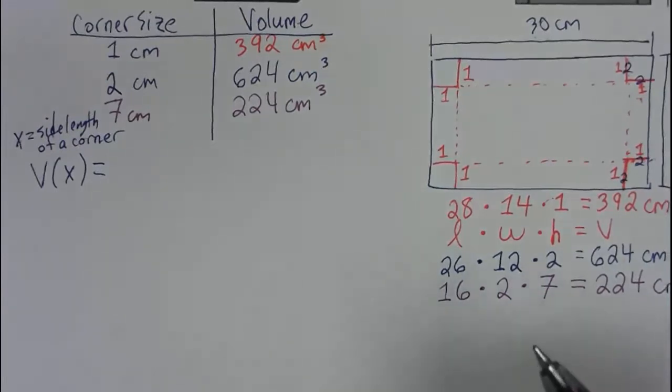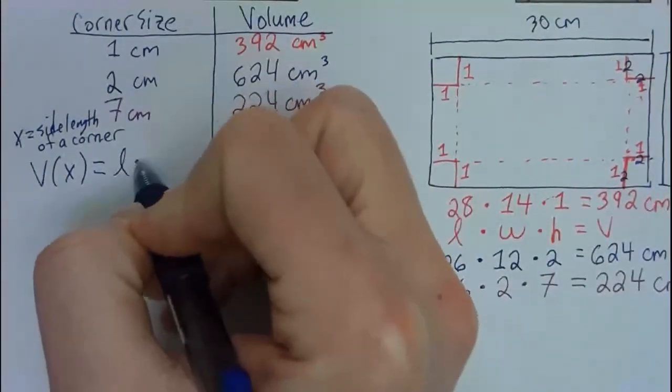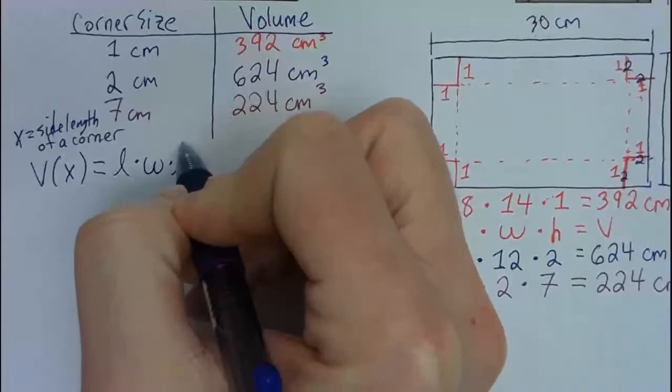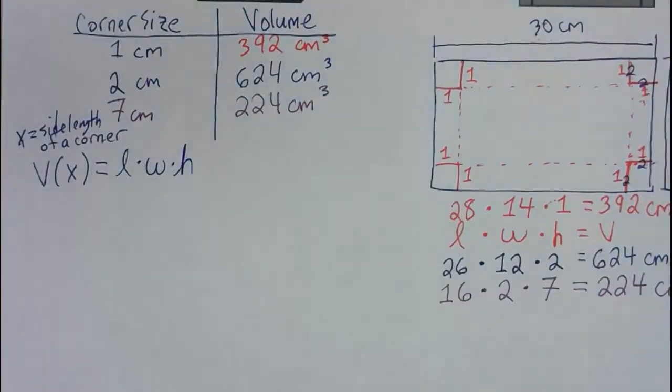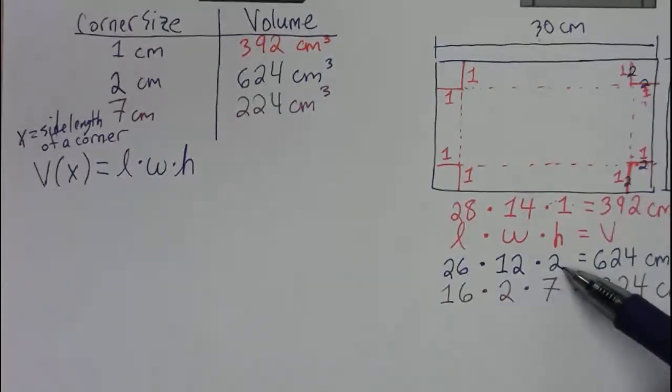So if we first look at our height, we know volume is going to be length times width times height. So we have to have 3 parts at the very least. We know our height: when our corner size was 1, our height ended up being 1. When it was 2, it ended up being 2.